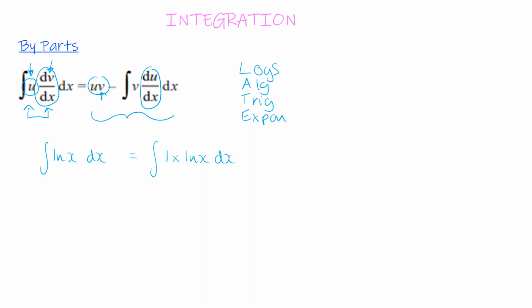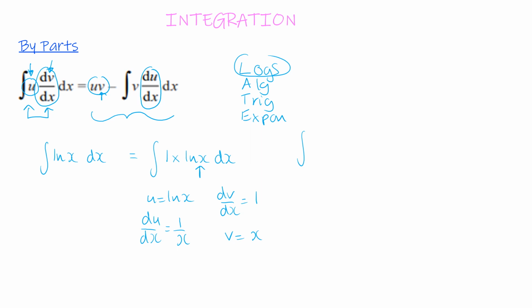And we can see here we've got some logs, so that is going to be what we're going to call u. So u will be the ln of x, and we do this because we do know how to differentiate ln. That's just going to be 1 over x, and so dv by dx will have to equal the 1, and then integrating 1 we're just going to get x.